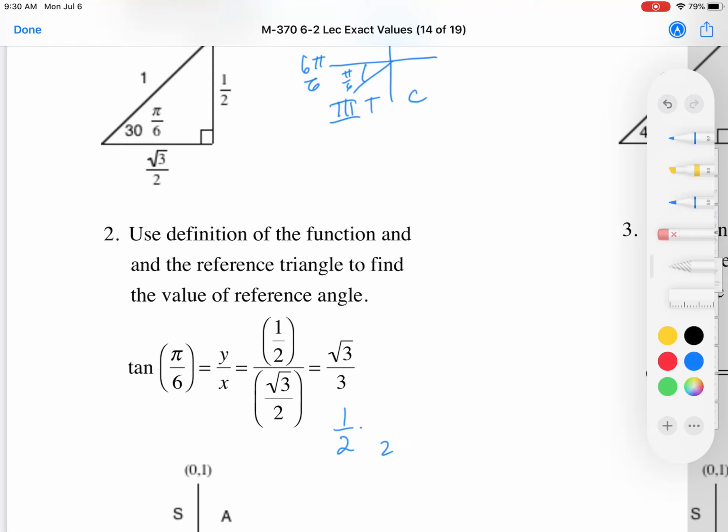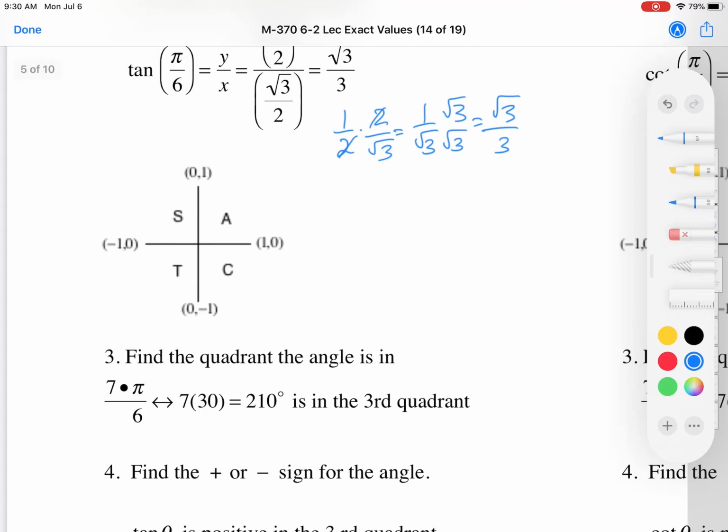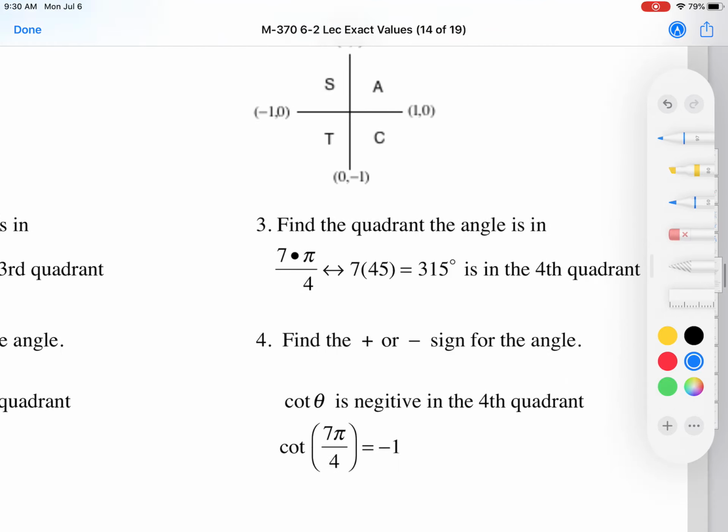So it's 1/2 divided by root 3 over 2, or times 2 over root 3. These 2's cancel. You're left with 1 over root 3, and then you have to rationalize. You'll get very quick at this and just start to recognize where it is. But that's how you got root 3 over 3. Then you're going to recognize that you're in the third quadrant like we already saw. Tangent's positive in that quadrant, and we get root 3 over 3.